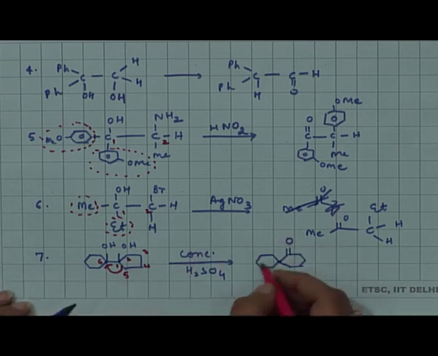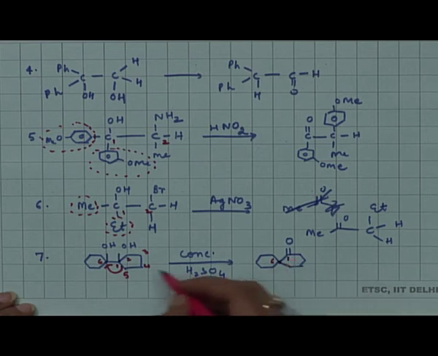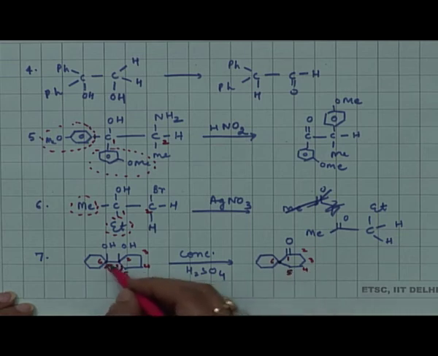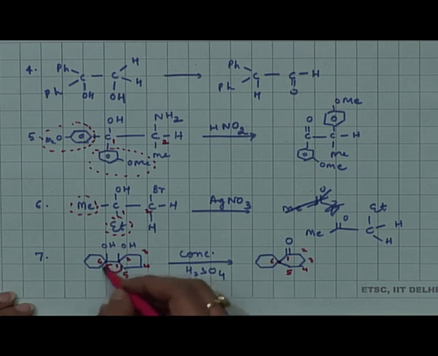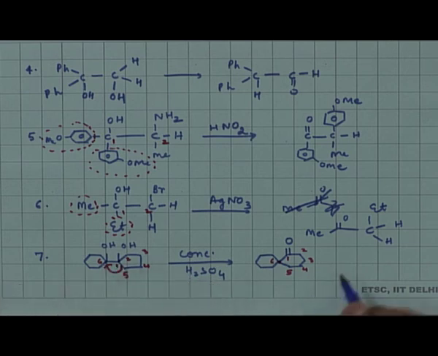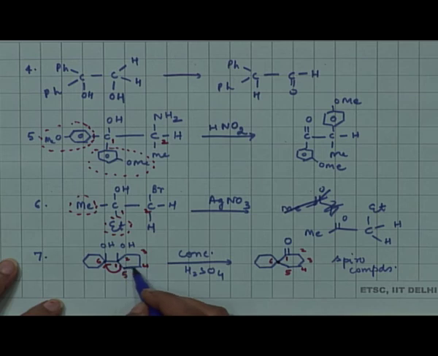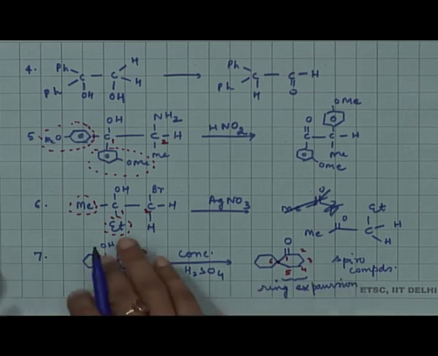So, if I number it again, this is your carbon 6, okay. This is the carbon 1 which was bearing the hydroxyl, 2, 3, 4, and this carbon 5 now gets connected to carbon 6 by this CC bond migration onto this position. So, you get the ring expansion product, these are spiro compounds. So, what is happening is a ring expansion, a 5 membered is changing into a 6 membered ring. Okay. So, this is an example where your Pinacol Pinacolone rearrangement is giving you a ring expanded product.